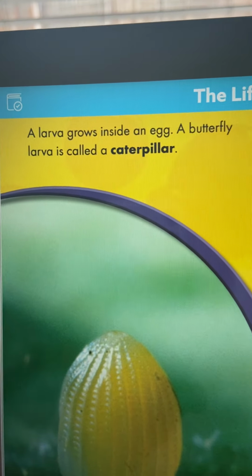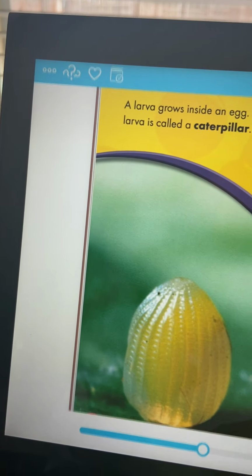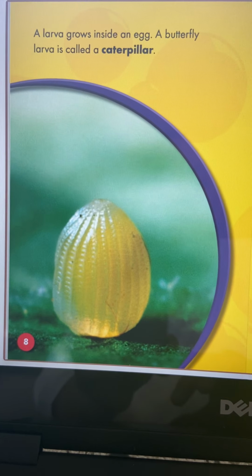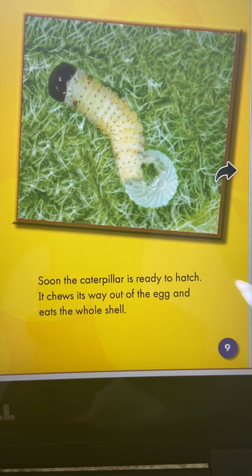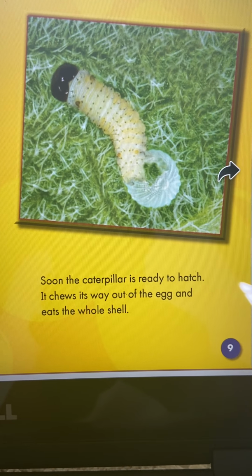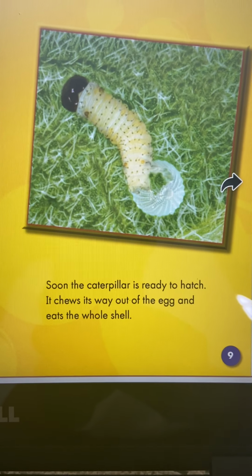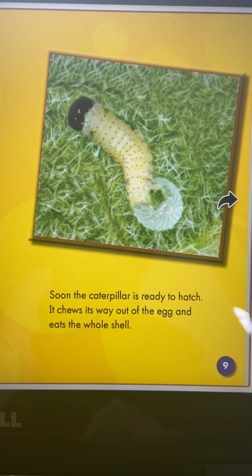A butterfly larva is called a caterpillar. There is the butterfly larva. Soon the caterpillar is ready to hatch. It chews its way out of the egg and eats the whole shell. It doesn't let the shell go to waste, boys and girls. It eats it. Okay?